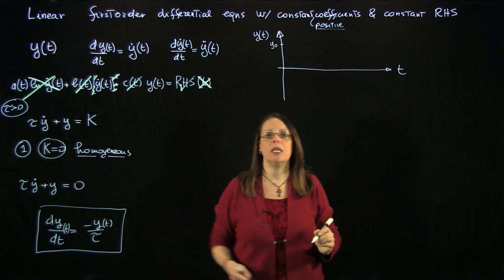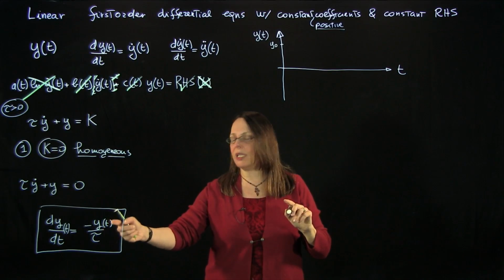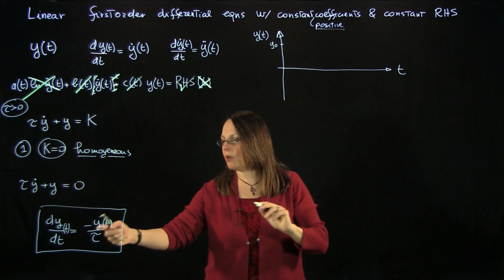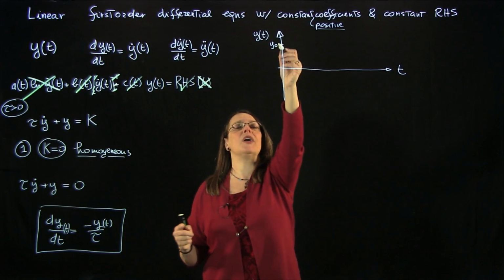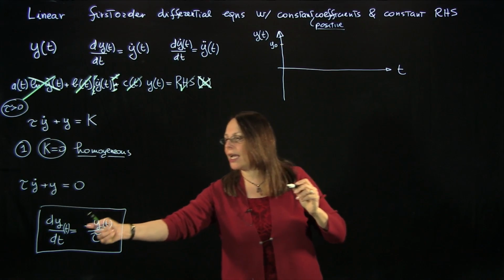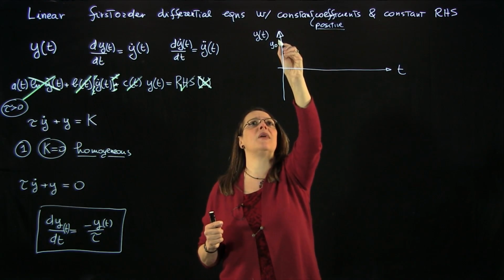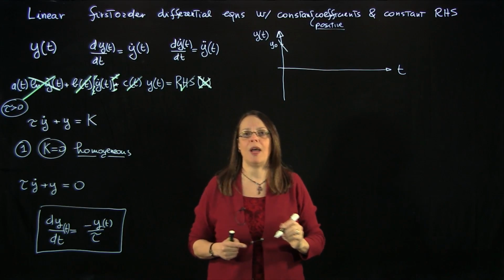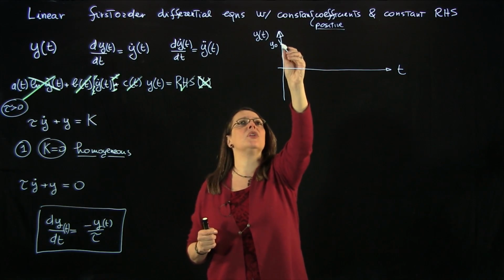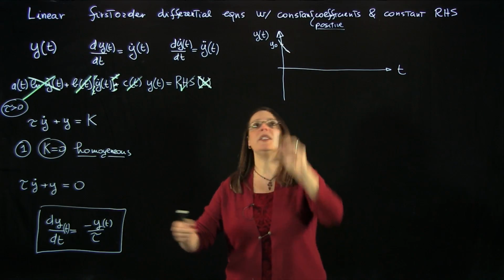Then this equation tells me you can get the derivative of the function by taking the value of the function, so at time equals 0 that would be y0, divided by tau, and change the sign. So the function is positive, so I'm going to have a negative dy dt. So the derivative of the function as a function of time is negative. And the slope is proportional to the value of the function. And so the function is decreasing as a function of time if it starts at y0.